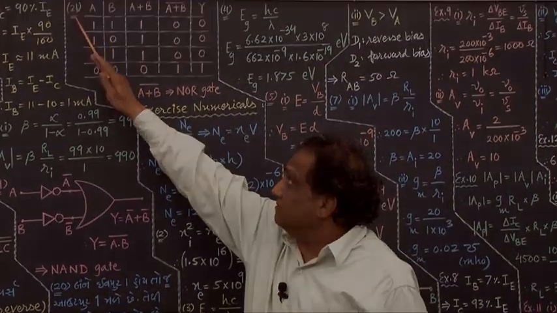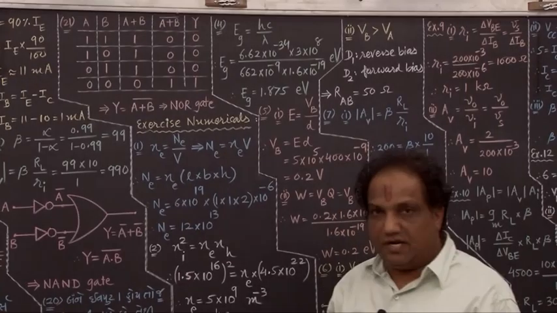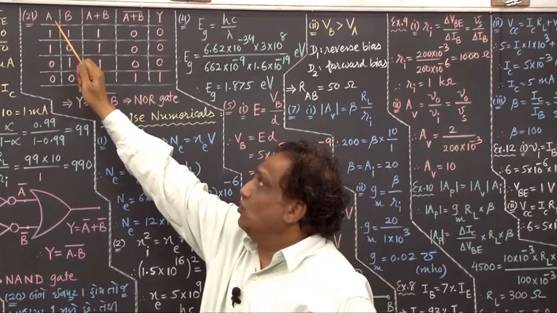Now read number 21. Read it? Fine. We are given two input signals.